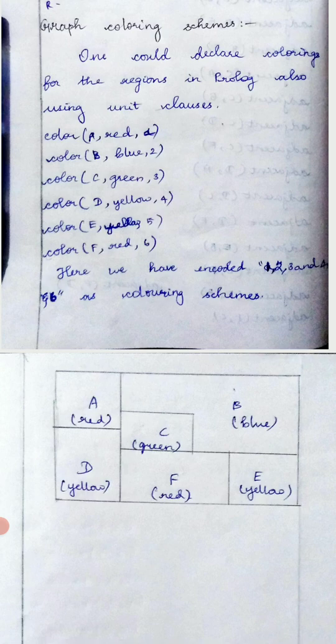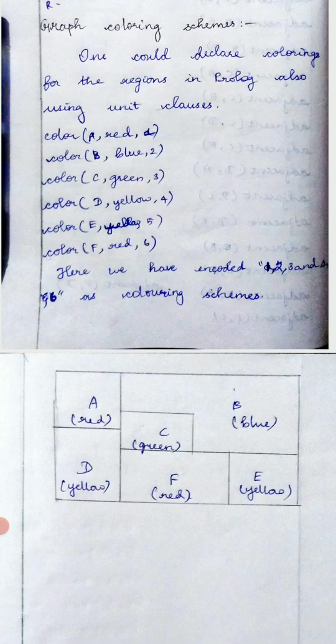Next, color B, comma, blue, comma 2. It is your own choice of color, but the condition is that adjacent regions must have different colors. Otherwise, whatever colors are used is your own choice.